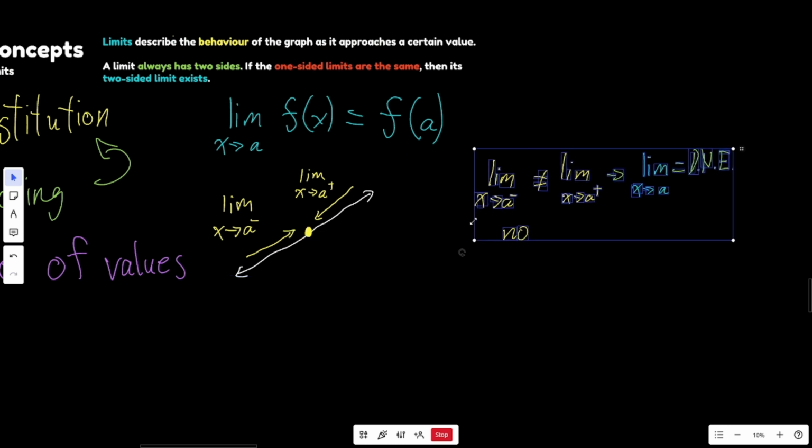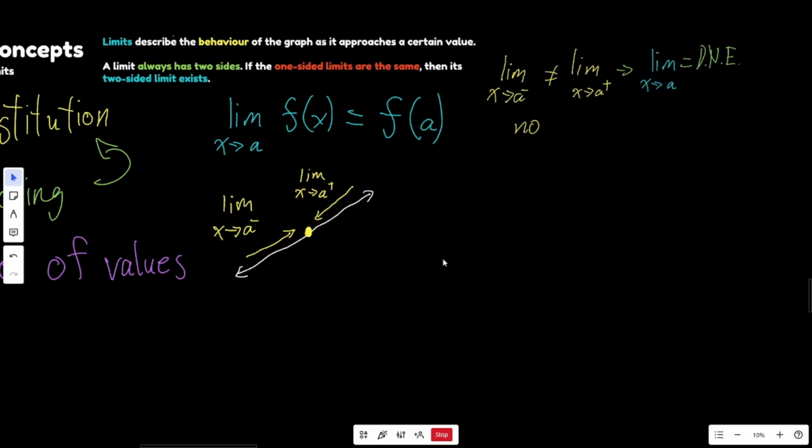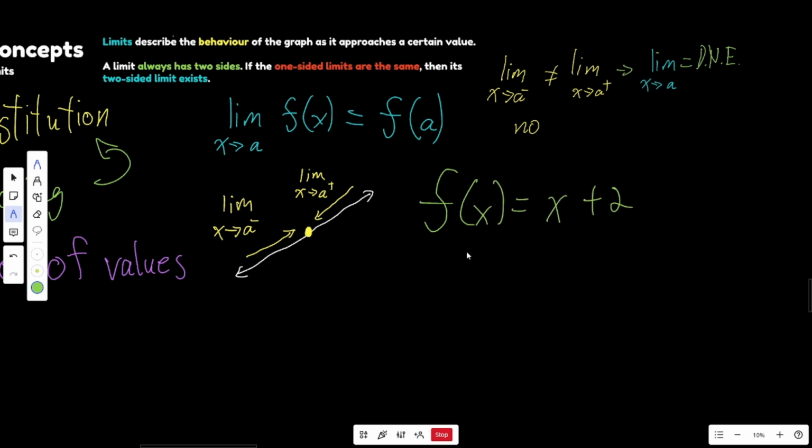I'll shrink this one so that you guys just remember on the side. Any polynomial function, let's say f of x, where f of x is a polynomial like x plus 2, the domain of this function is all real numbers. So when you see a function like this, the limit will always exist.